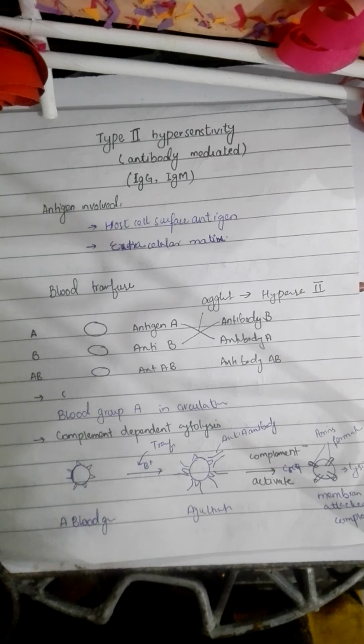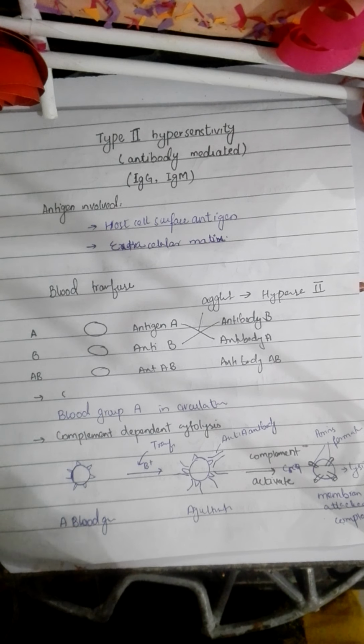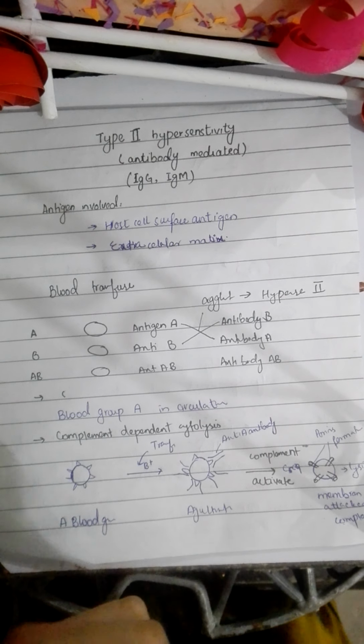When blood group B is transfused to a person who has blood group A, then agglutination occurs.